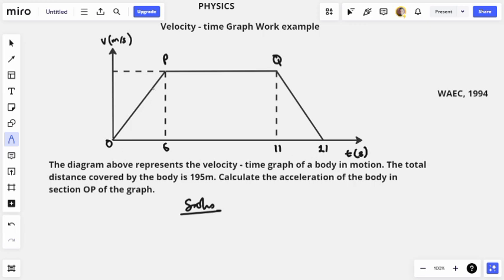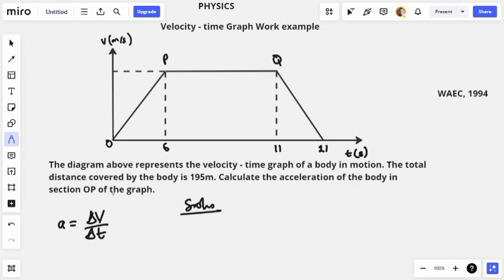So we have to find the acceleration OP. And we know that the slope of this inclined side of the graph usually represents what? Acceleration. And you know that acceleration A is what? Change in velocity over change in time.